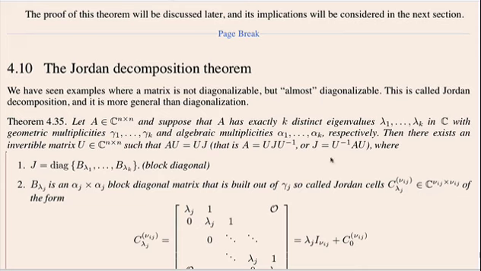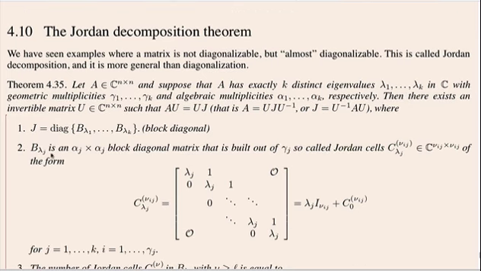So each block corresponds to different eigenvalues. And then the B lambda j block is an alpha j by alpha j block diagonal matrix, where alpha is the algebraic multiplicity.